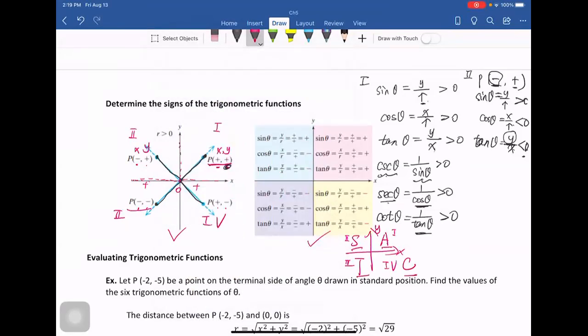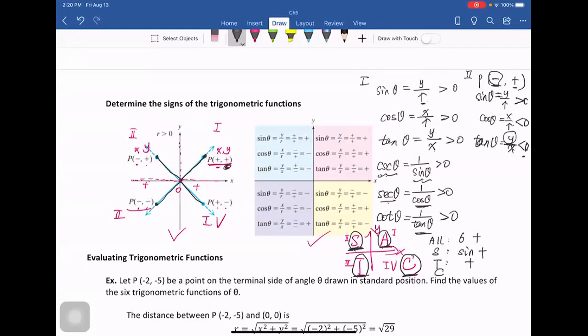All means all 6 functions are positive. And S means only the sine is positive. T means only the tangent is positive.